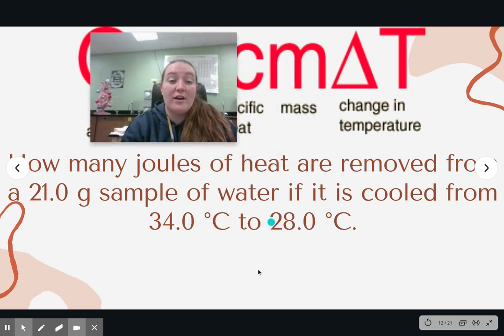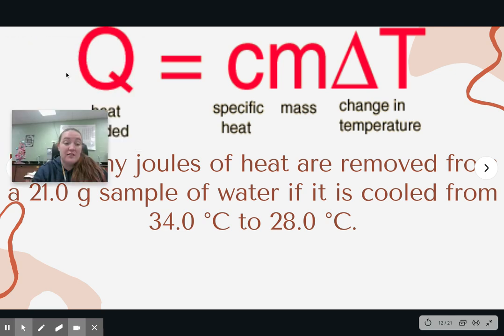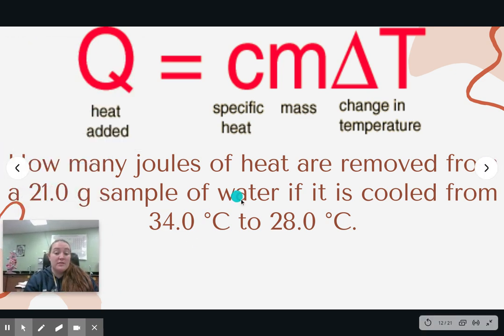So this is how your questions are going to read, okay? They're going to say things like this. How many joules of heat are removed from a 21-gram sample of water if it is cooled from 34 degrees Celsius to 28? So again, let's look at what we're looking for. How many joules, right? So you're looking for the energy, the heat added, because that's what that Q is, right?